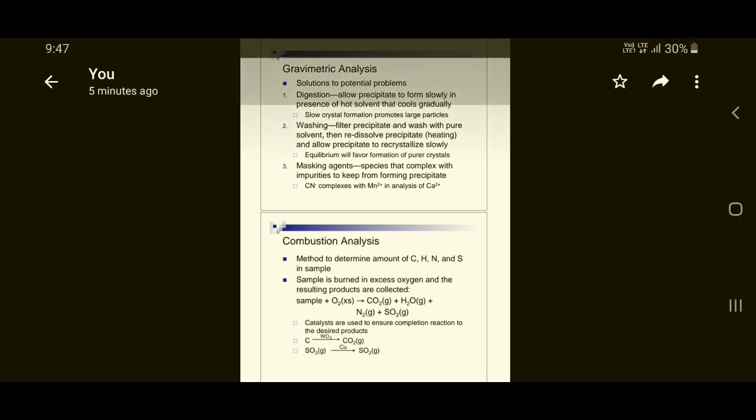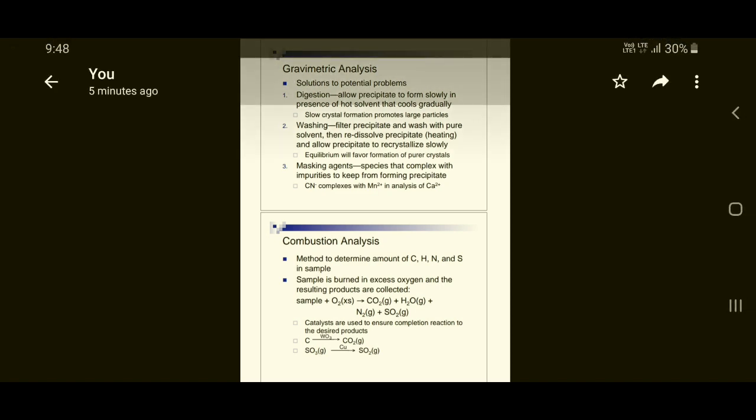Solutions to these potential problems: digestion allows the precipitate to form slowly in the presence of hot solvent and cool gradually. Slow crystal formation promotes large particles. Then filter and wash the precipitate with pure solvent, then subject the precipitate to heating and allow it to recrystallize slowly.